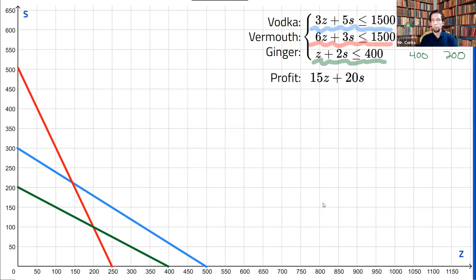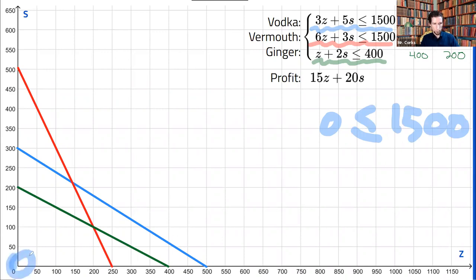Let's do the shading first too. That will help us understand why we would choose a particular value for the profit function here. So are we above or below these inequalities? Below. We are below, so less than or equal. We just imagine if we put in a 0, we would get 0 less than or equal to 1,500 and 400.